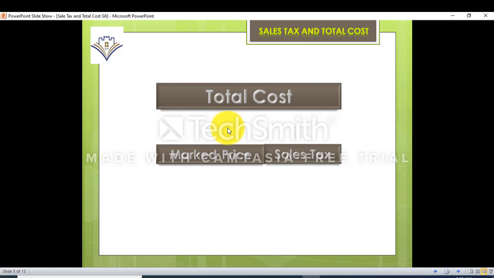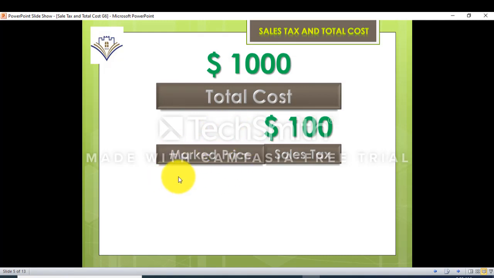Okay, we have another example. If the total cost is $1,000 and the sales tax is $100, then I need the market price. Do we add or subtract between total cost and sales tax?